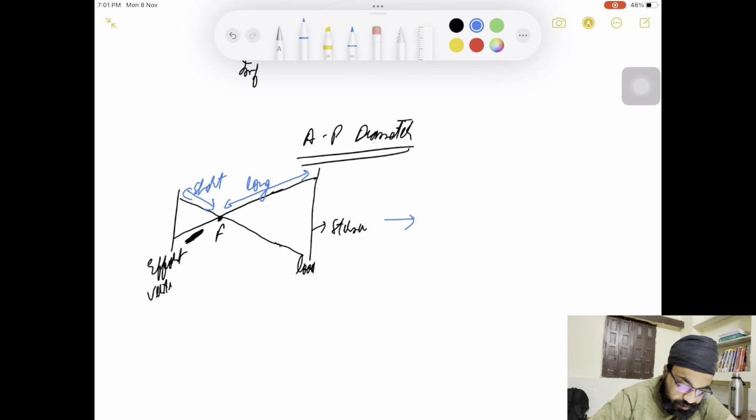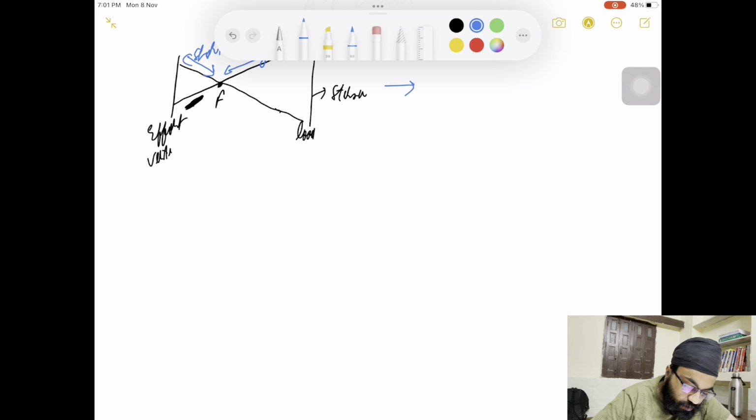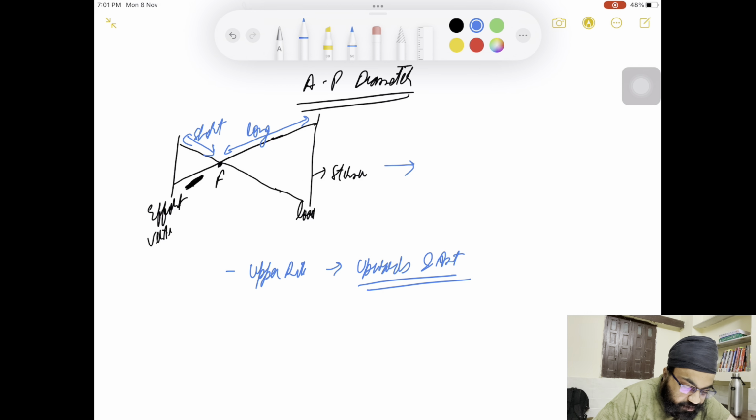So what will happen is, the costal cartilages of the upper ribs are directed upwards and anteriorly. Now firstly, where is this fulcrum located? This fulcrum is present just lateral to the tubercle of ribs.